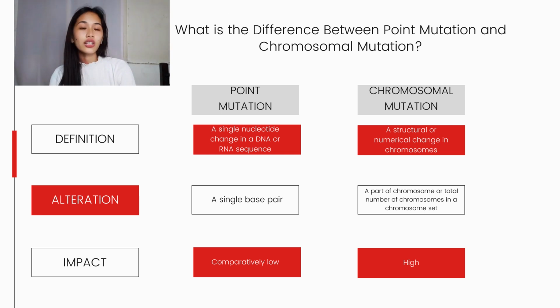Point mutation is a single nucleotide change that occurs in a DNA or RNA sequence, while chromosomal mutation is a structural or numerical change in chromosomes. Thus, this is the key difference between point mutation and chromosomal mutation. In point mutation, changes occur in a single base pair, but in chromosomal mutation, changes occur in a part of a chromosome or the total number of chromosomes in a chromosome set.